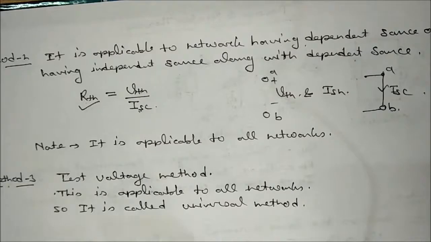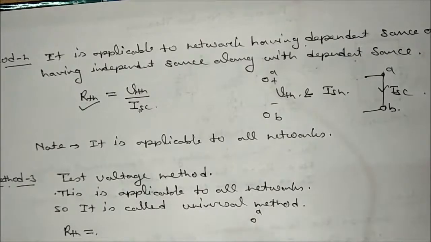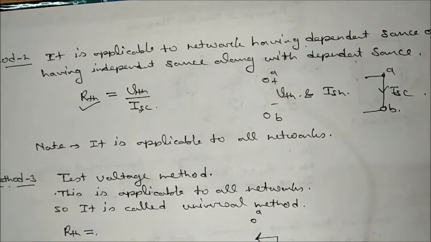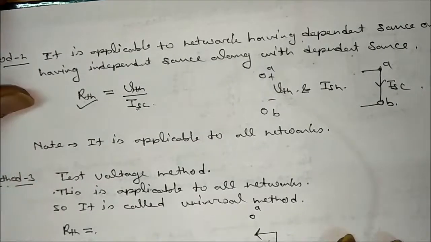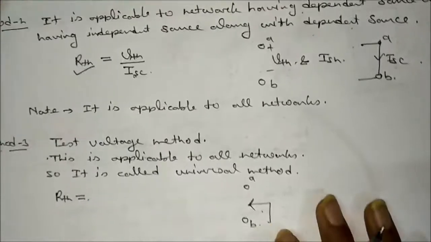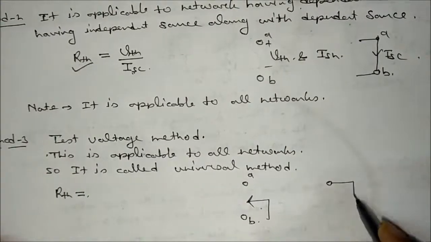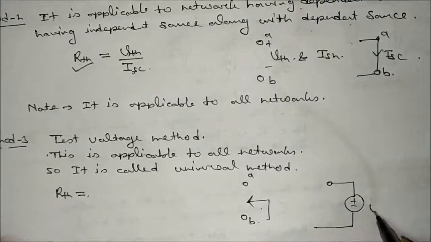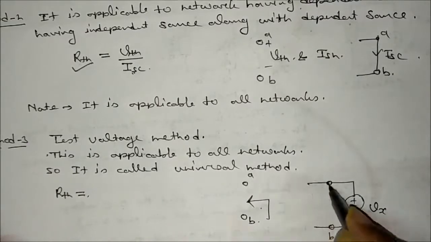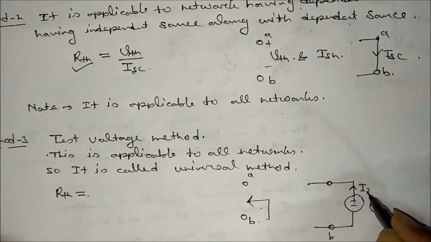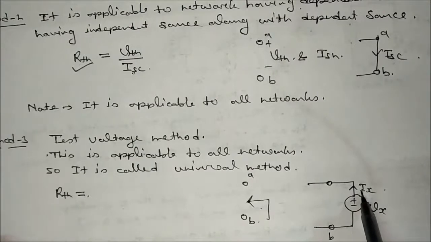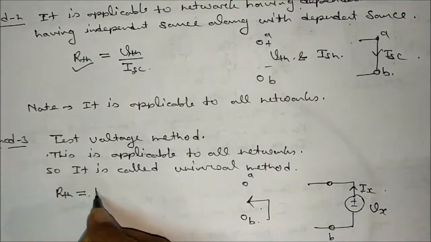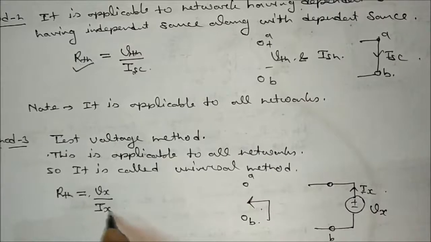What will you do to get the Rth value? Let's assume these are the two terminals across which you have to calculate Rth. Connect a voltage source at this terminal. Let's assume this is Vx and this is the current Ix. Connect the voltage source Vx having a current flowing, that is Ix. Then Rth will be defined as Vx by Ix.